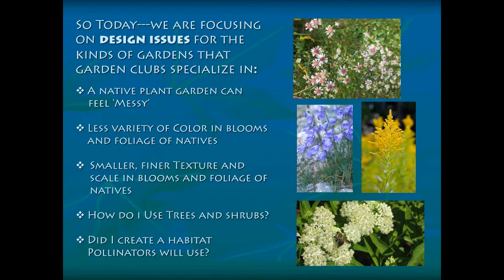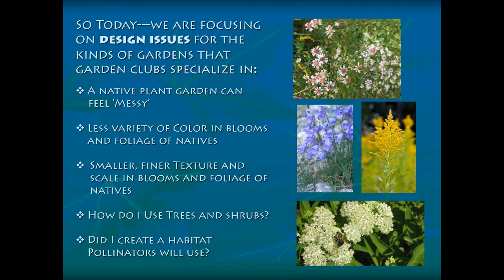The native plants in our region tend to be certain colors, and we'll talk about that later. So we have fewer color choices unless we really make an effort. And by the same token, the foliage and the blooms of our native plants are often very delicate and fine textured. So that can be a challenge to make a garden that has some variety in it.